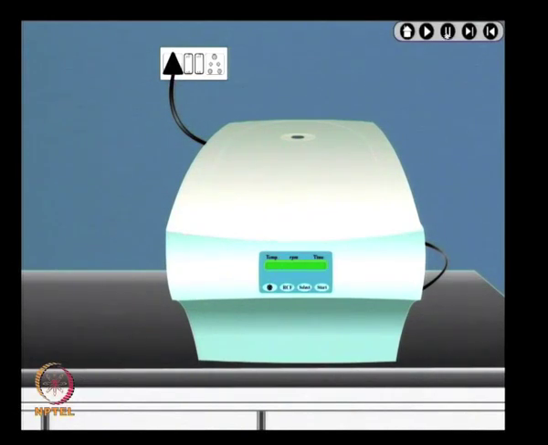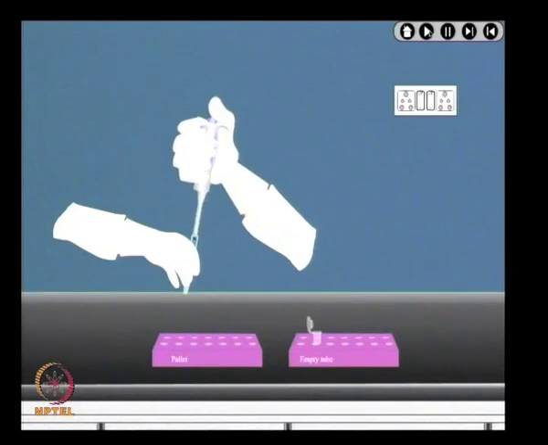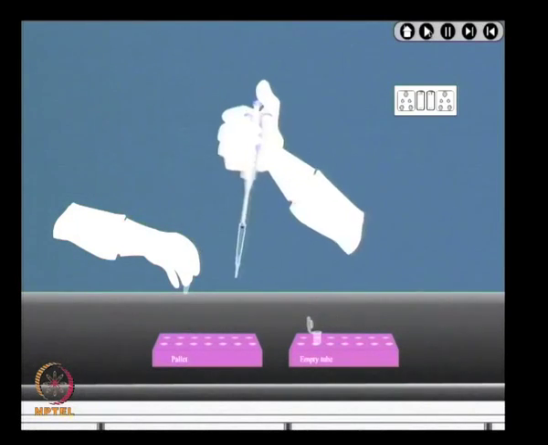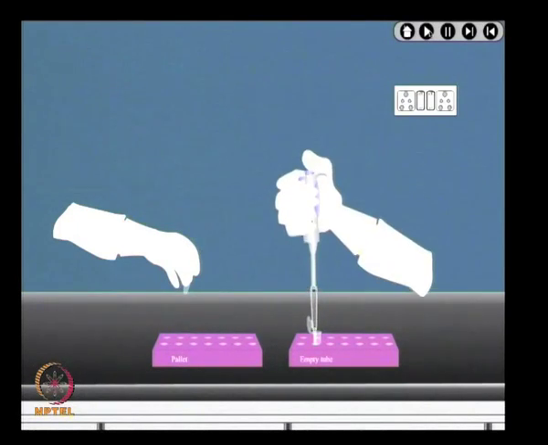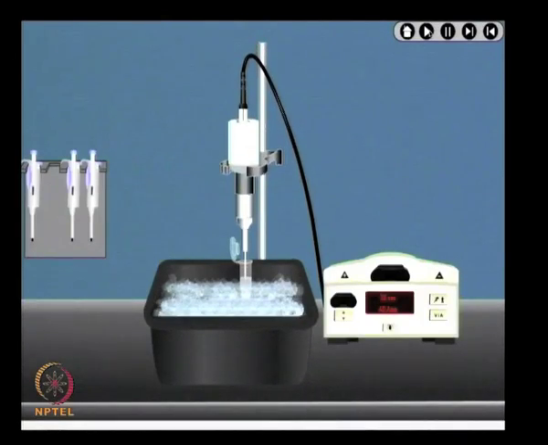The bacterial cells can be harvested by centrifuging the cells at 12,000 rpm for 10 minutes at 4 degrees. Wash the bacterial pellet with phosphate buffer of pH 7.4 4 times to remove the media.